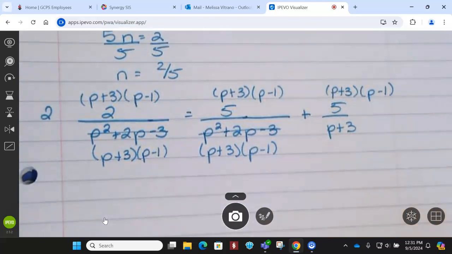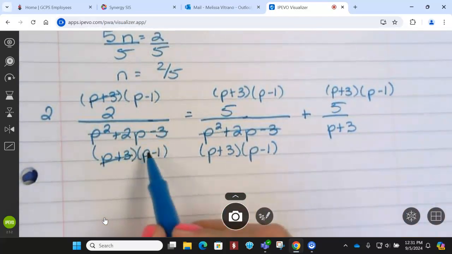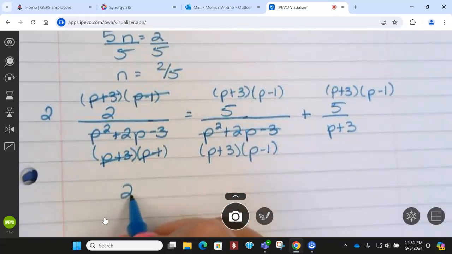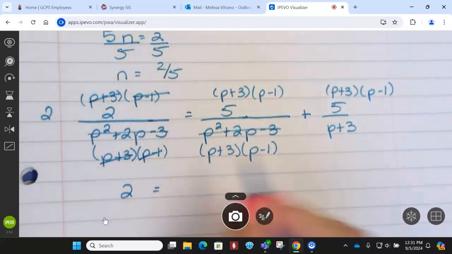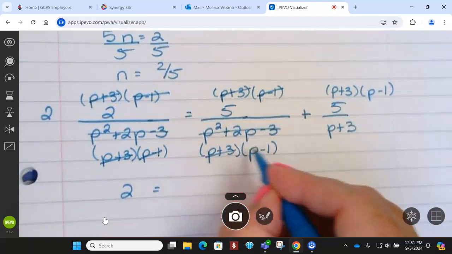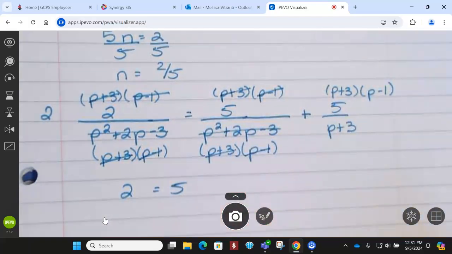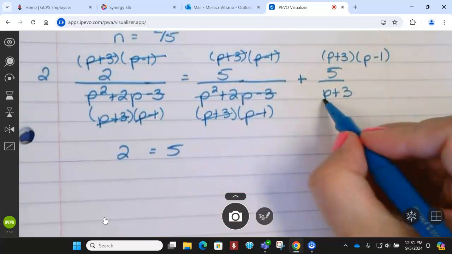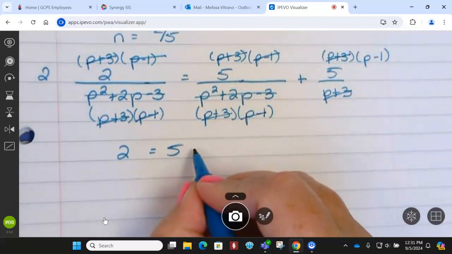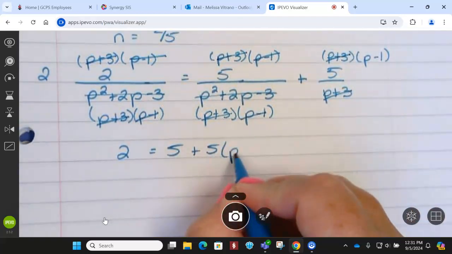Okay, I know it looks ugly, but it's really not going to be that bad. So p plus 3 cancels, and same with the p minus 1. So we're left with 2. Again, these both cancel, and I'm left with 5. Here, the p plus 3 cancels, so we're going to get plus 5 times p minus 1.